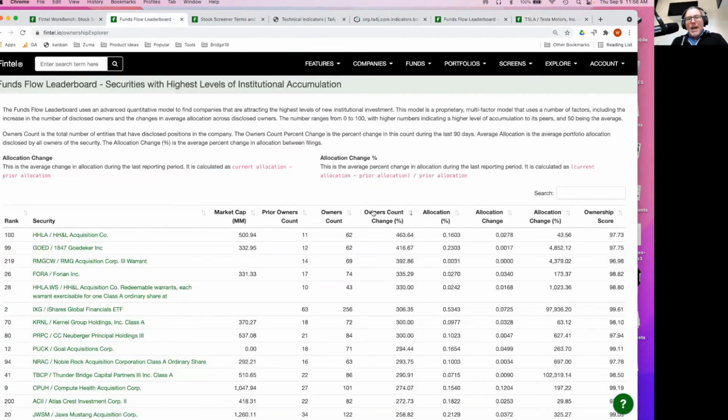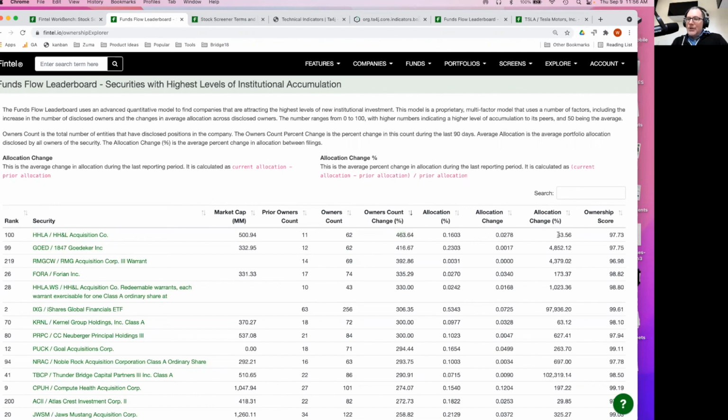We rank these from 1 to, in the case of ownership data, probably 75,000 equities in our database, and put a percentile rank on it. This one is 463%, and I sorted it by percent. Let's assume this is number 1 out of the total population. The percentile rank would be 99.99.